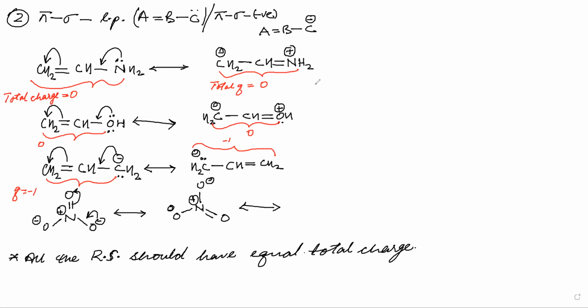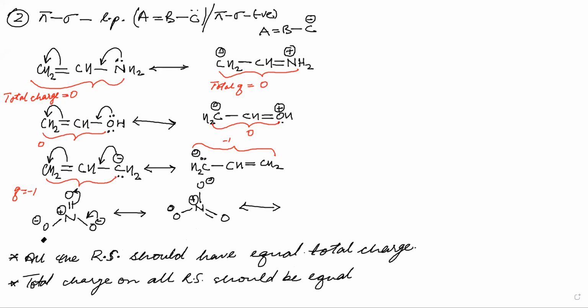Better wording would be: total charge on all resonating structures should be equal. So Jubena, you can copy this and let me know when you are done. We will move on to the next case.